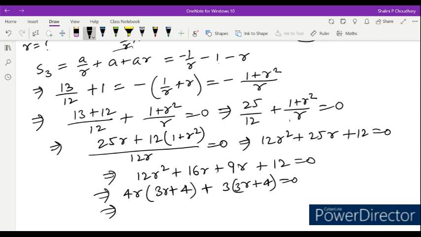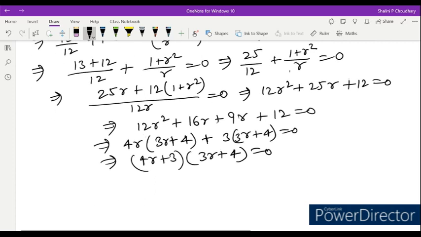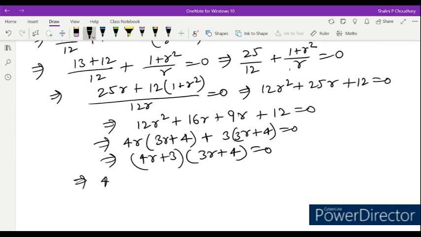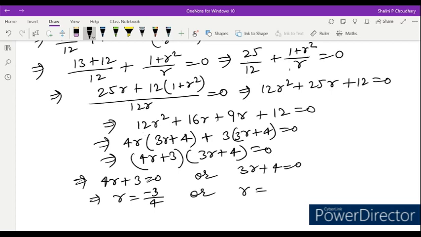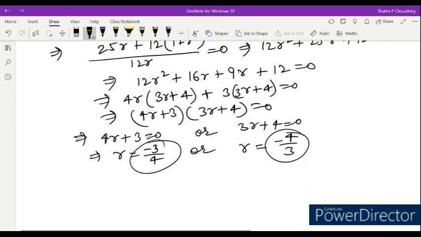So the value of R will be minus 3 upon 4 or minus 4 upon 3. So these are the two values of R.